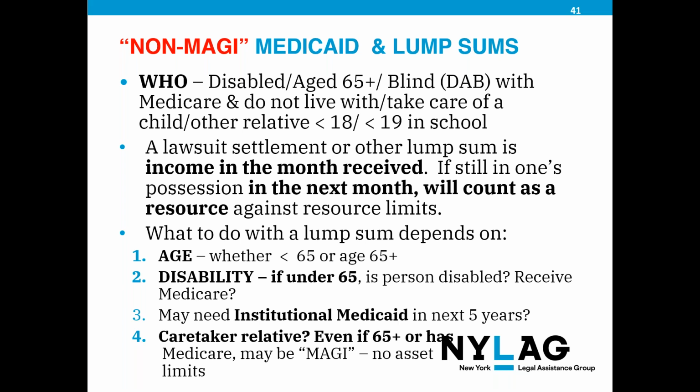In that case, a lawsuit, settlement, or lump sum is income in the month received. And if it's still in their possession into the next month, then it will count as a resource against the resource limits. And on that early slide in this section, we have the resource limits and the income limits.